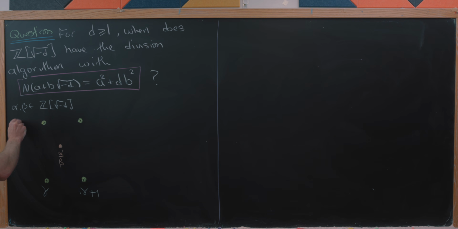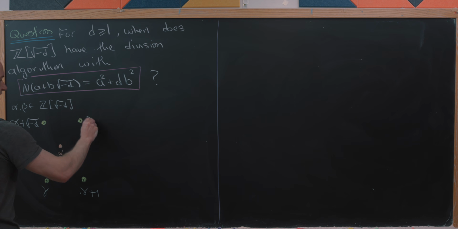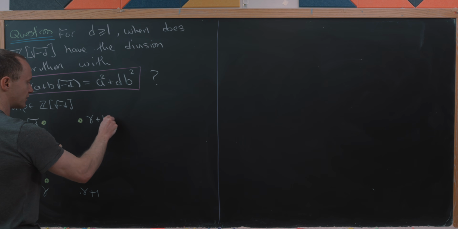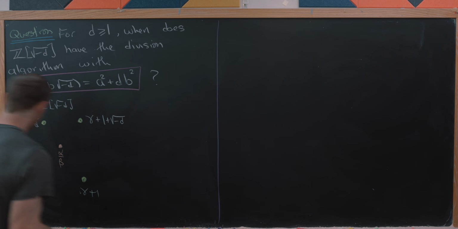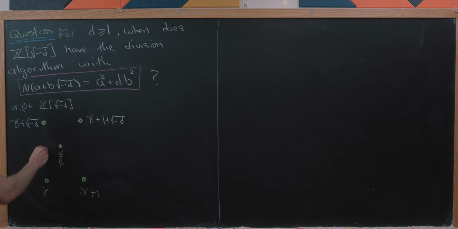Up here will be gamma plus the square root of minus d because that's along the imaginary direction. And then here we'll have gamma plus 1 plus the square root of minus d because we're at a diagonal from the original starting point. Now we can put a little outline there as well.